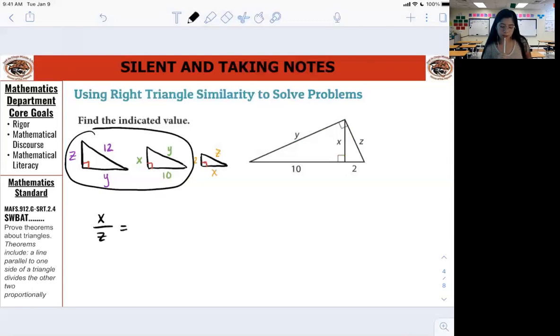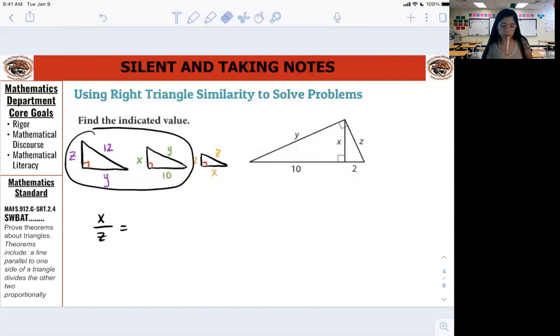And then what you want to do is try to see, because remember what you want to end up with is, for example, Y over here and Y over there. You kind of want to see if there's a way to get the same variable within the proportion.